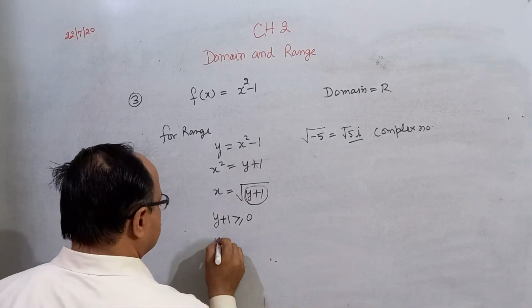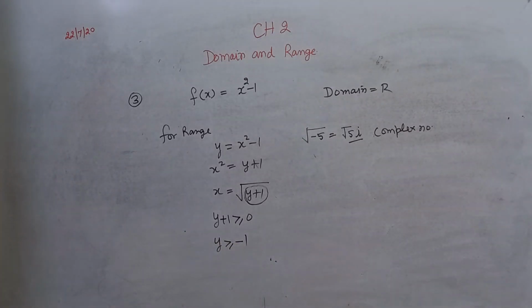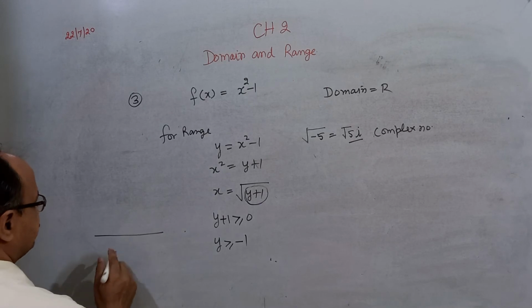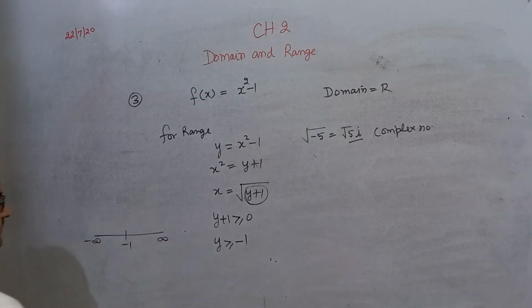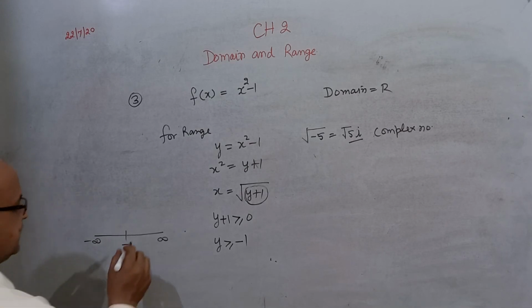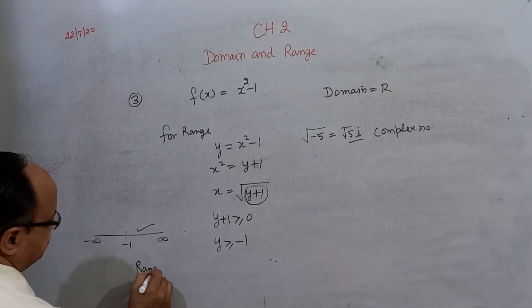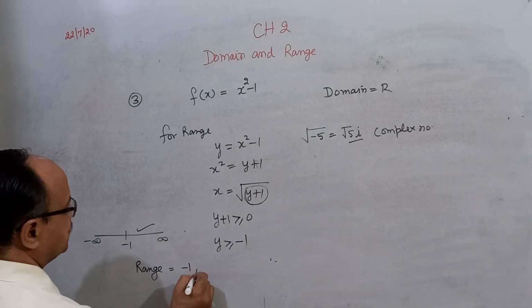Therefore you can say y is greater than or equal to minus 1. On the number line with minus infinity and infinity, greater than minus 1 means this portion. So your range is minus 1 to infinity.